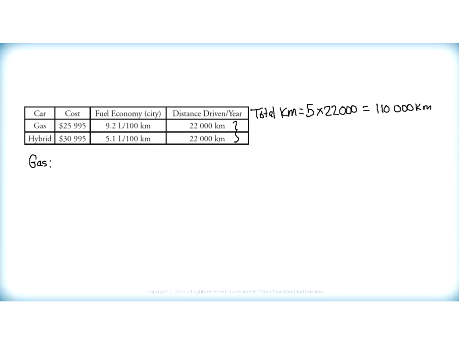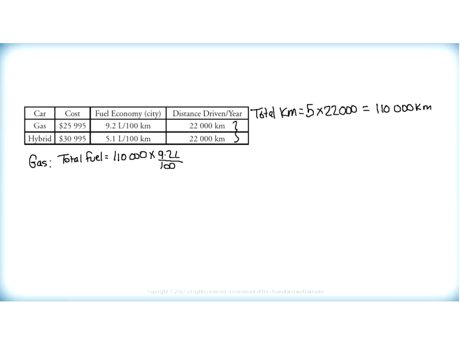For the gas car, the amount of fuel we're actually going to use, so total fuel, is going to be equal to the total amount driven times the fuel economy.